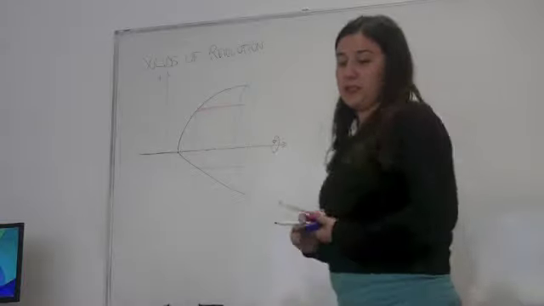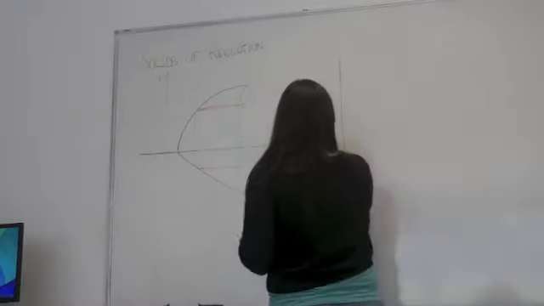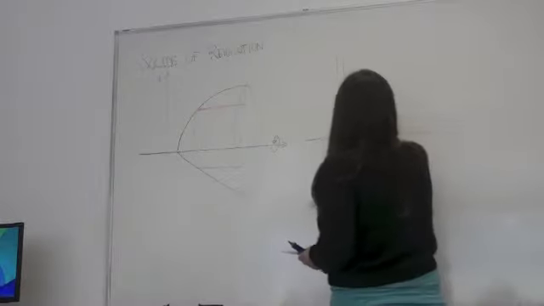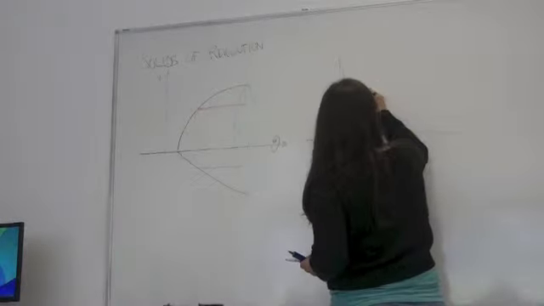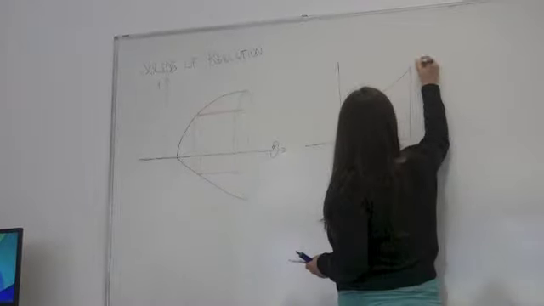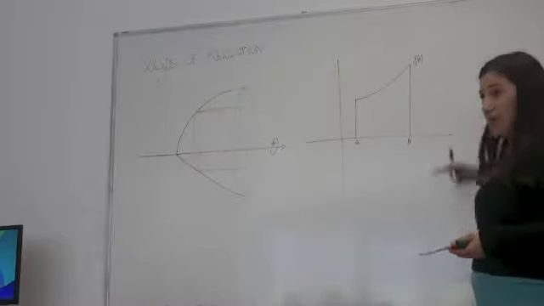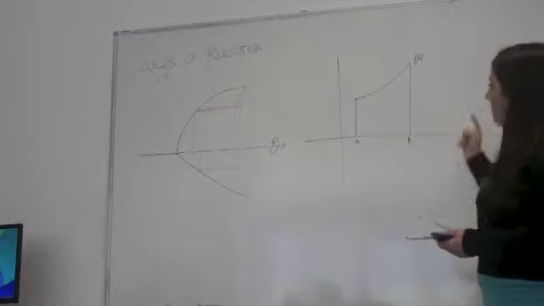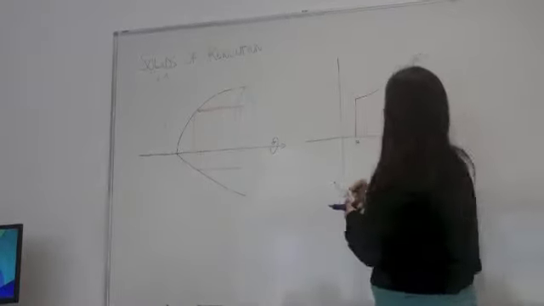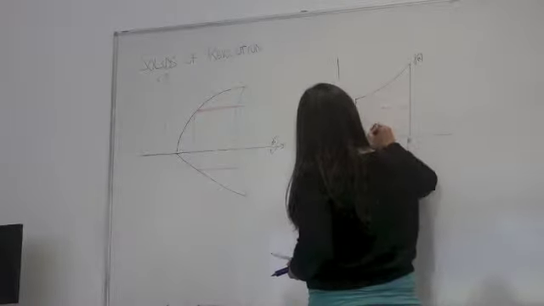I'm going to draw a different picture so it's more clear what I'm doing. If you have, let's say, this function f of x from a to b, that is rotating this way, you are doing this.